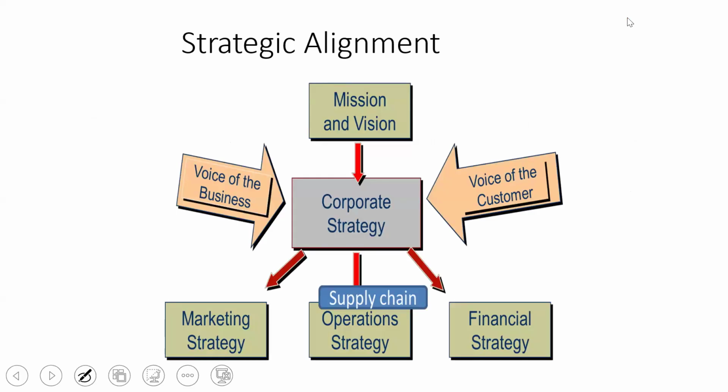A lot of theories are there under strategic management, starting from SWOT analysis, PESTLE analysis, five forces, value chain, then the diamond model. Likewise, generic strategies, cost leadership, and differentiation.